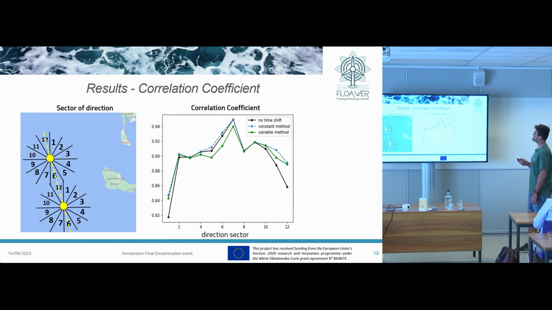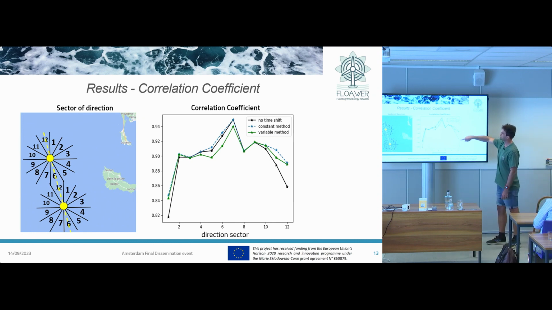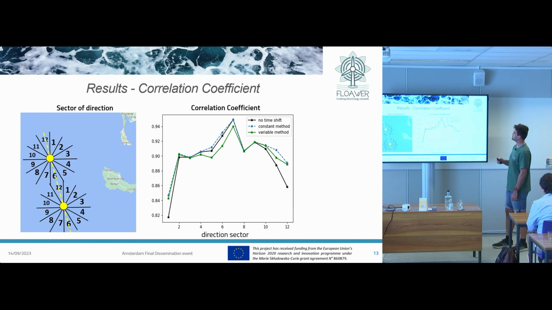Let's see then the correlation coefficient, how much it improves with both methods. So the black line here is the correlation coefficient that we have initially, without doing any correction. In blue is the one we saw before with the constant method, and in green here is the variable method.